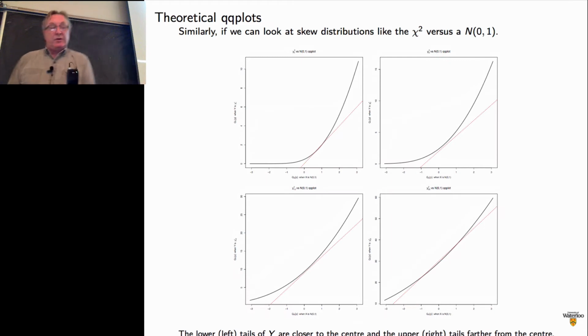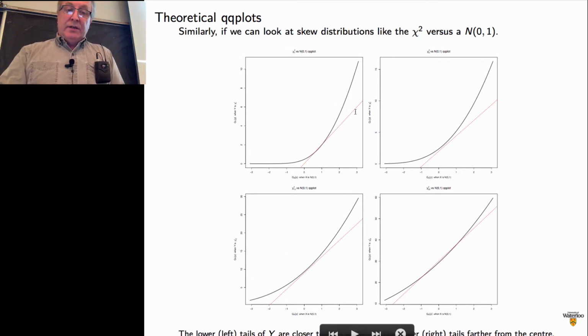The same thing you can do with a skewed distribution, like a chi-squared distribution. If you add that line on there, you'll see on the top, this is a chi-squared, I think on 1 degree of freedom, that it's farther away from the middle than you would expect from a Gaussian. So it's got a longer right tail. Conversely, on this side, imagine this red line continuing down here.